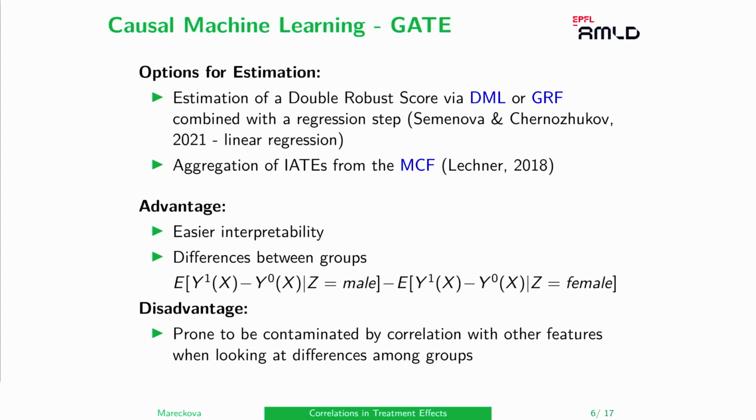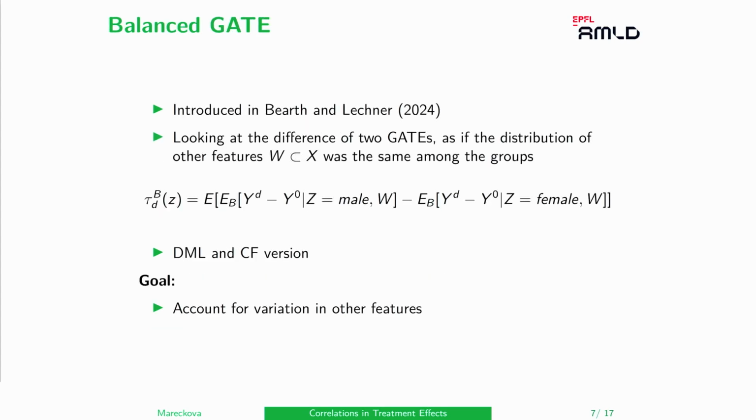If you assume that gender is highly correlated with the level of education, and it's actually the level of education that's driving different results on the labor market, then this result with gender would actually just mask the real underlying relation between the treatment effects and the feature of the unemployed individual. So how do we deal with this disadvantage?